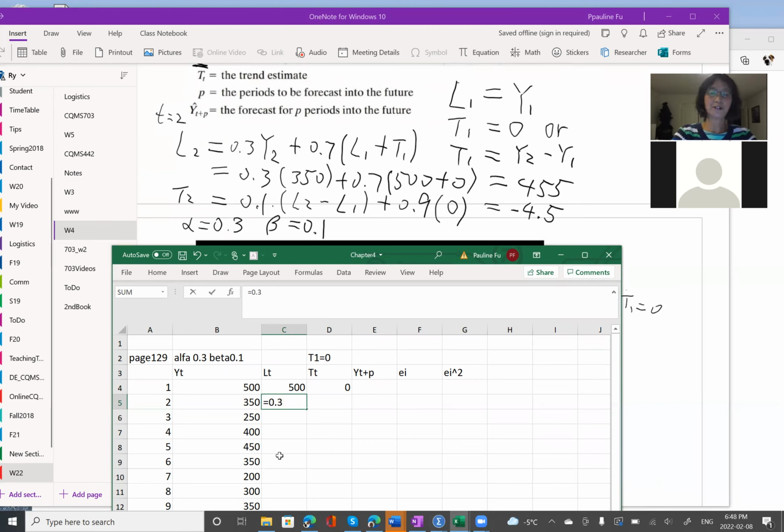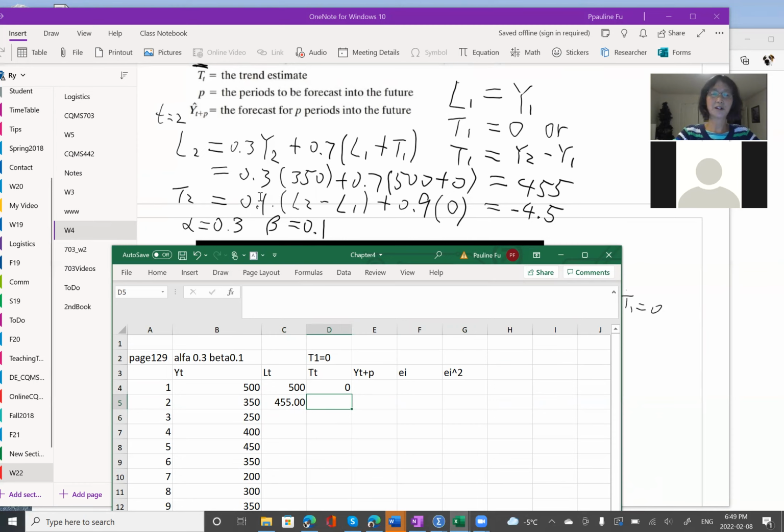So alpha is 0.3 times Y2, and this 350 is Y2, plus 0.7 times bracket L1 plus T1. That is L2, the result: 455.